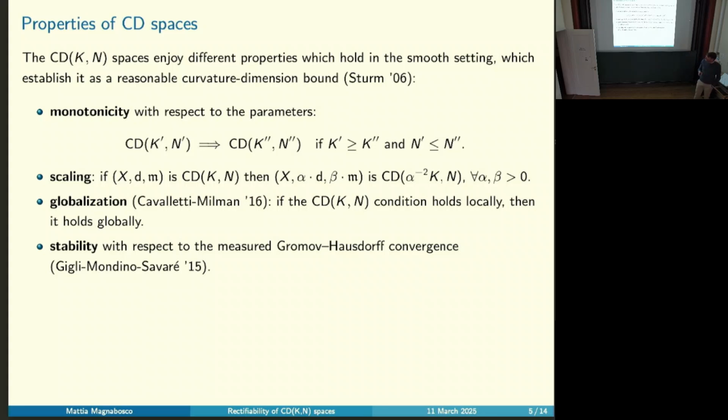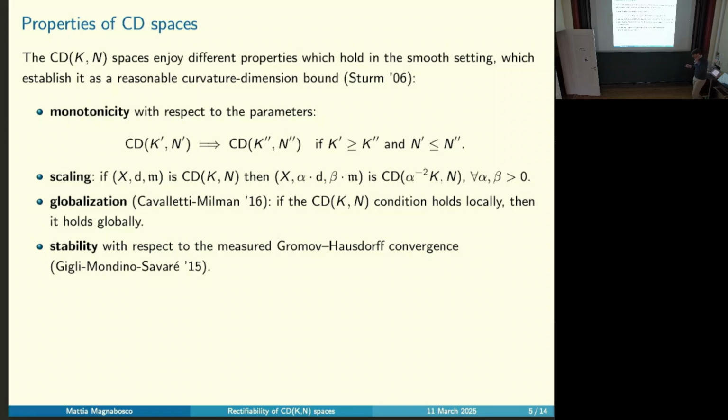And this is quite relevant because the same result doesn't hold for smooth Riemannian manifolds. The point is that a measured Gromov-Hausdorff limit of smooth Riemannian manifolds is not necessarily smooth. So the class of smooth Riemannian manifolds with a lower Ricci bound is not closed with respect to this convergence, while CD spaces are.